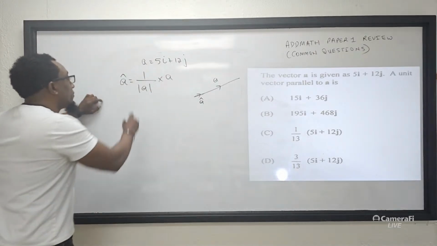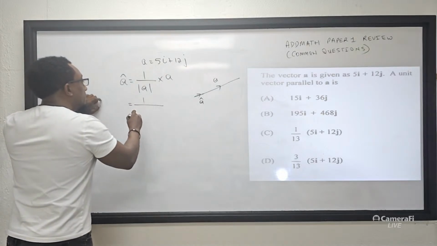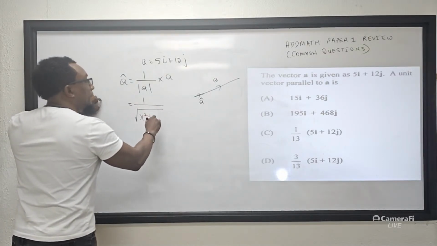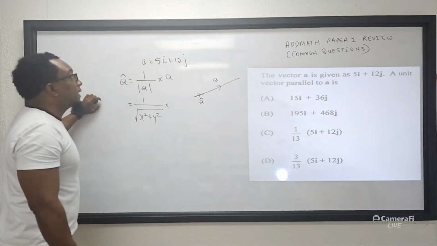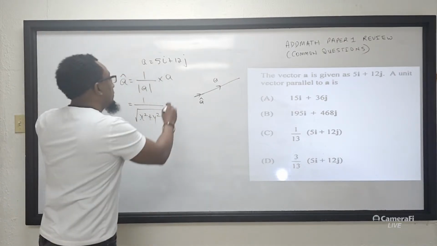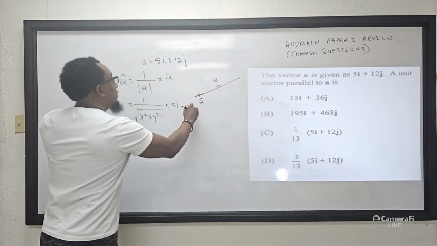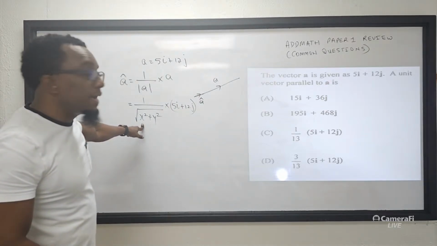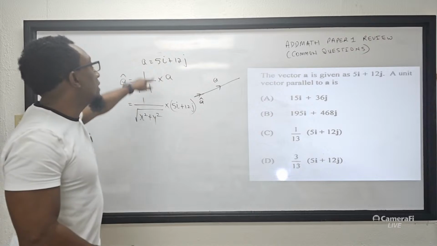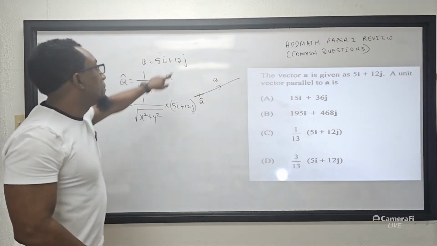So it's 1 all over the modulus of A, which is the square root of x squared plus y squared, times the vector A, which we have as 5i plus 12j. So let's find x squared and y squared. We know x in this case will be 5, y will be 12.